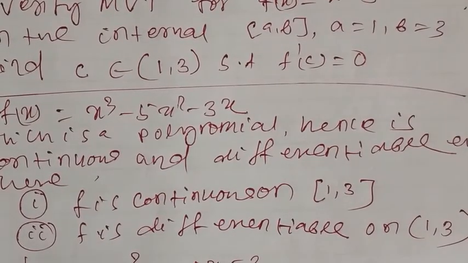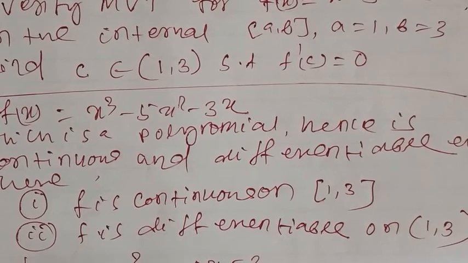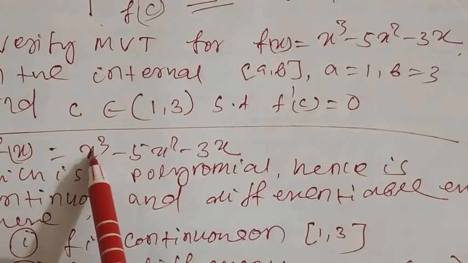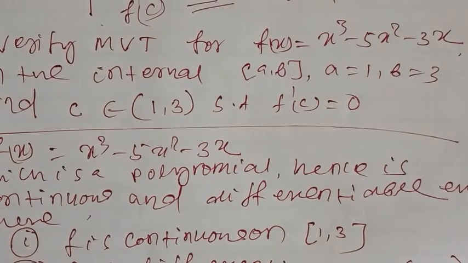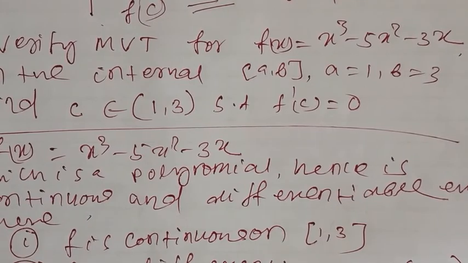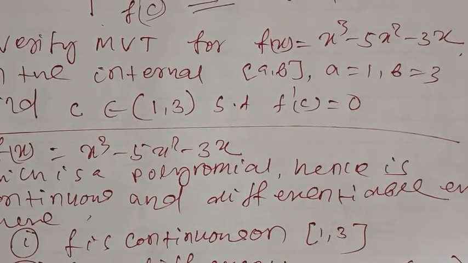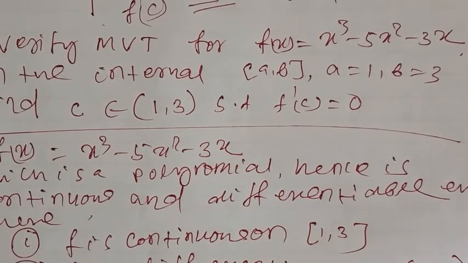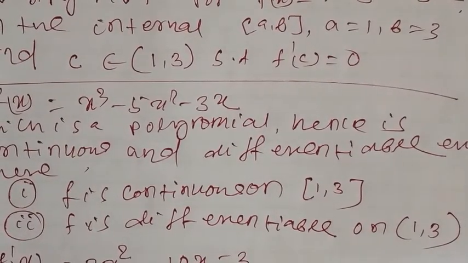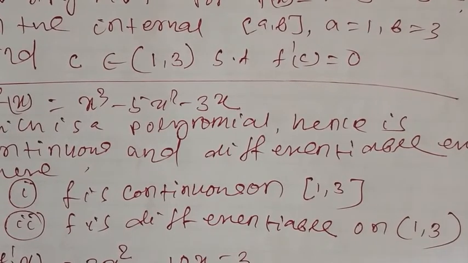Okay. What is fb? F of 3. What am I getting? 27 minus 5 into 9 minus 3 into 3. It is 27 minus 6 into 9, 54.